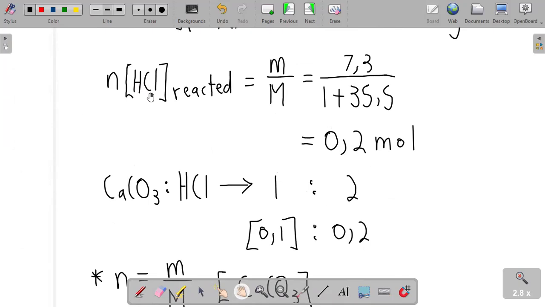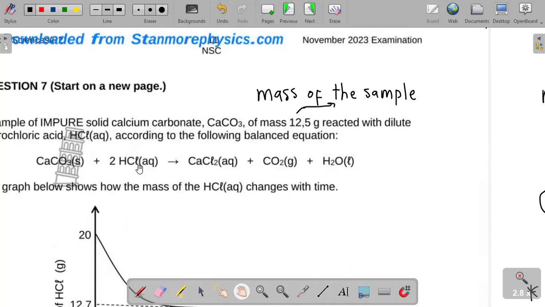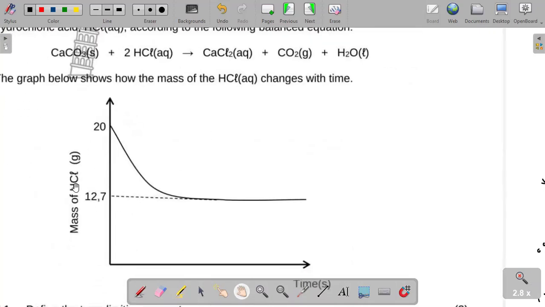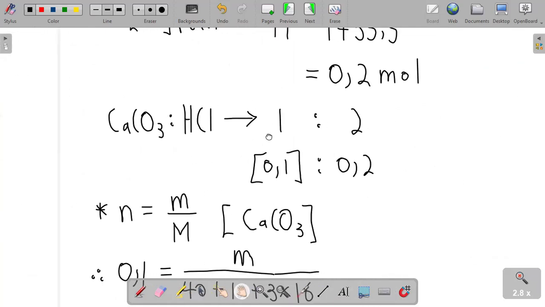Because the HCl that is reacting here, isn't it? It's reacting with the calcium carbonate, isn't it? According to the balanced equation here, the HCl is reacting with the calcium carbonate. So the HCl that is decreasing here is decreasing because it is reacting with calcium carbonate. So I hope that makes sense.